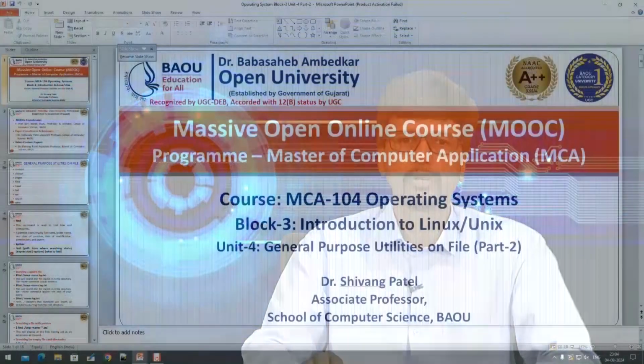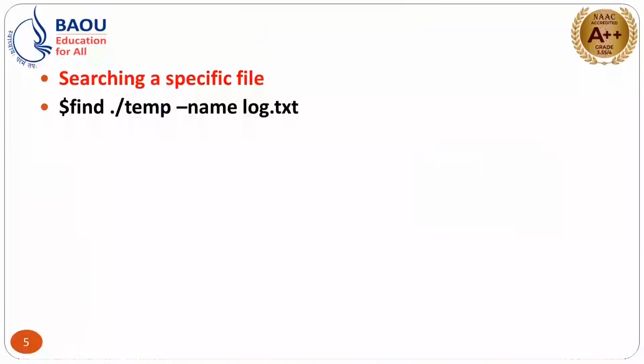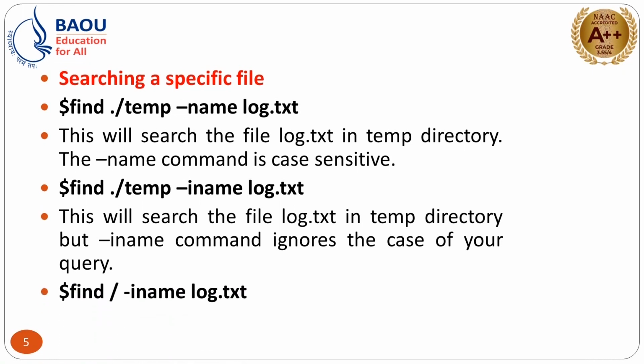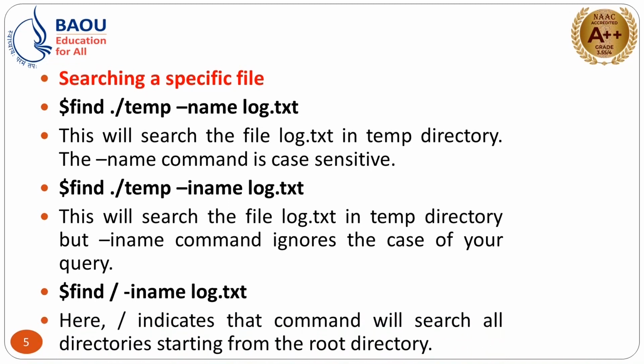Now move again to our presentation, a few more commands. This iname that we have discussed is to ignore the case, then after this slash, then iname and log.txt. What does it mean? Observe one thing, here I have not provided dot. If you provide the dot, that means you want to search from the current directory.